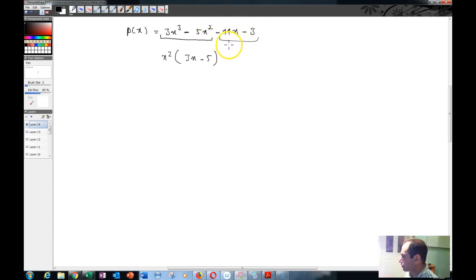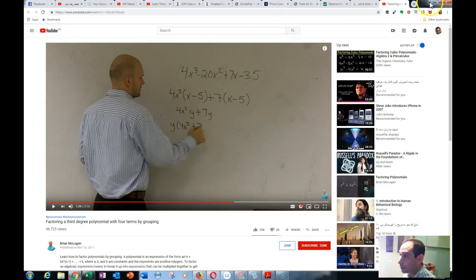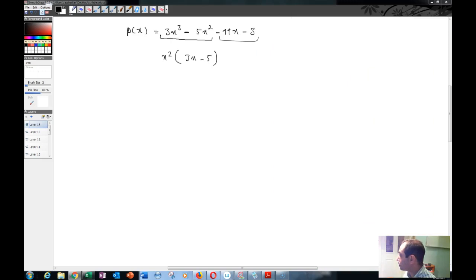If you had, for example, something like 4x cubed minus 20x squared plus 7x minus 35, let's say you had this polynomial and you wanted to find the zeros of this polynomial.